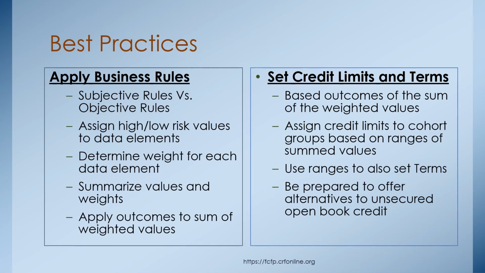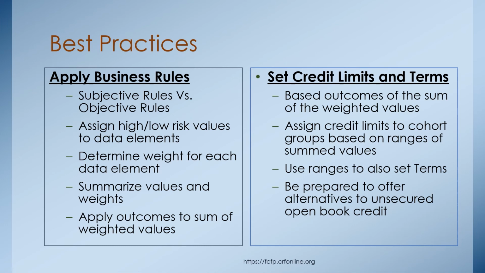create on your own, and then perhaps some more objective type rules that you could build in using third-party data like scores. You should assign high and low values to your data elements to create those objective or subjective rules, determine weight for each of the data elements, summarize the weighted values, and then apply some outcomes to the sum of the weighted values.